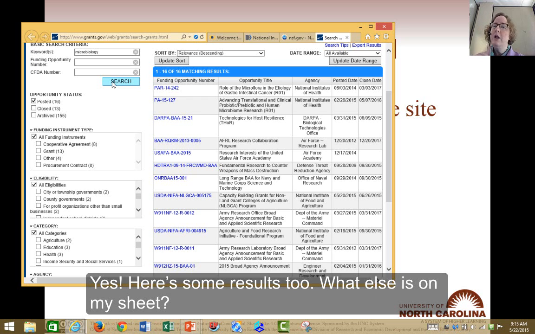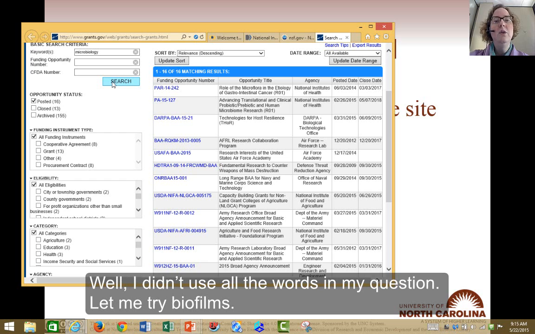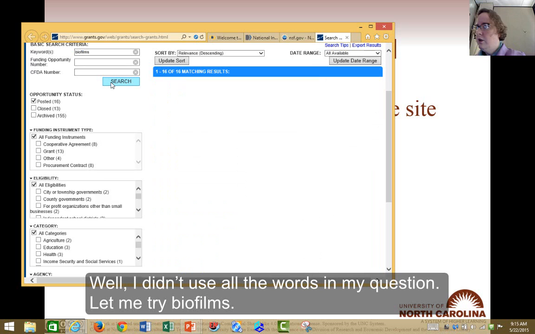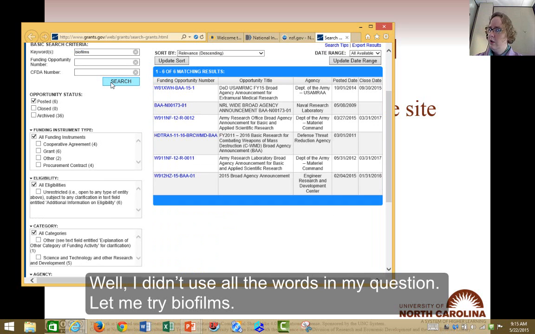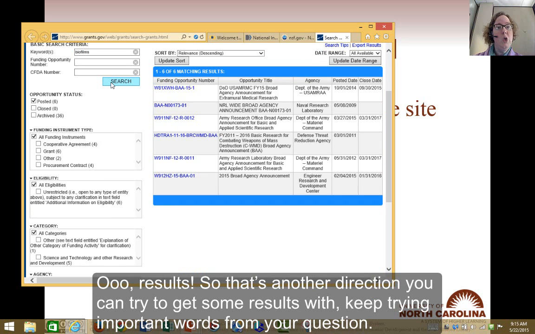So let me look again. What else is on my sheet? I didn't use all of the words in my research question yet. So let me try biofilms. Ooh, and there's results too. So that's another direction I could try to get some results with.